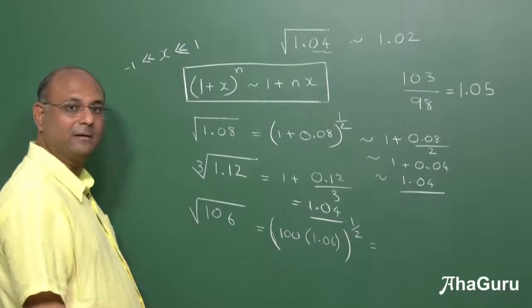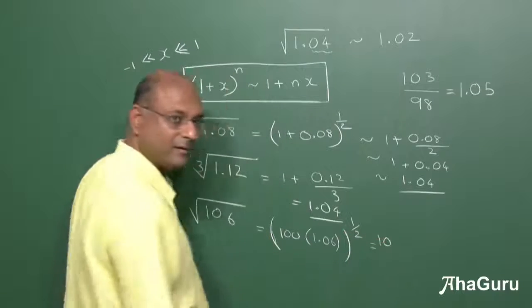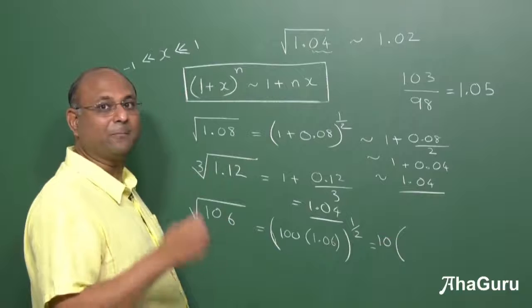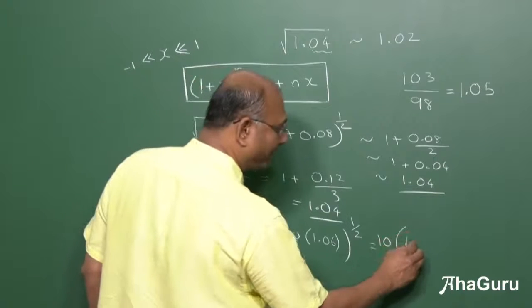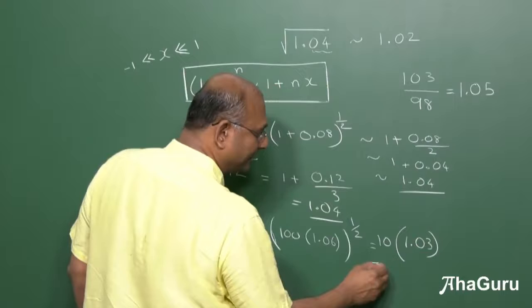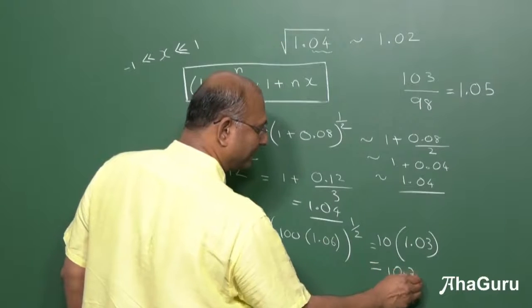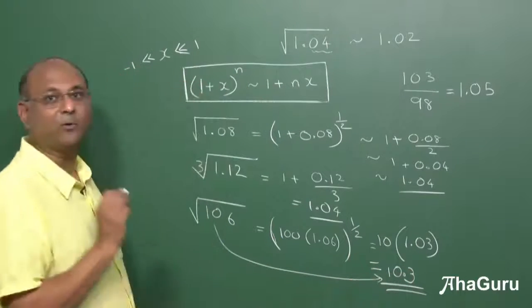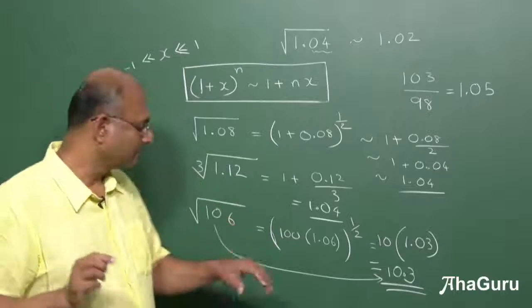What is root of 100? 10 into 1.06 power half. What is 1.06 power half? 1.03. 1.03 into 10 is going to give me 10.3. So root of 106 is 10.3. So I hope that is clear.